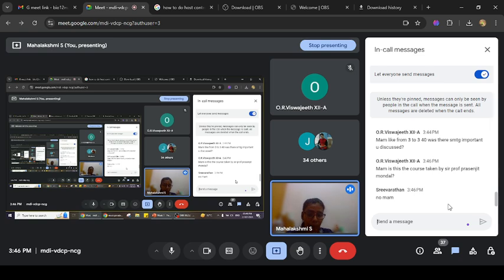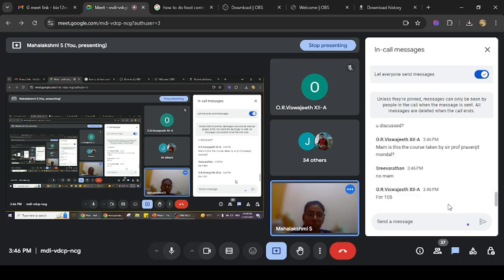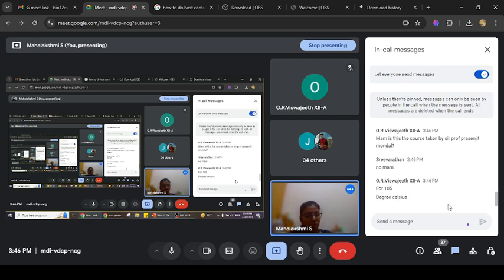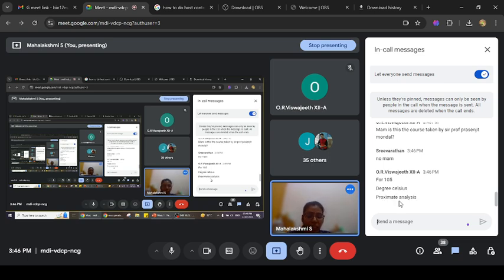There are two different methods: the ultimate analysis and the proximate analysis. 105 degrees Celsius is the right answer. In the ultimate analysis, what we are doing is finding the elements, which include CHNS.